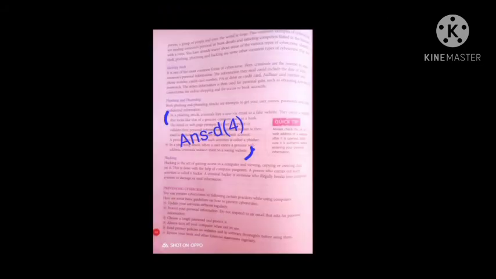Next question is, differentiate between phishing and pharming. The answer is on page number 98 under the heading Phishing and Pharming. So you'll write, in a phishing attack, criminals lure a user via email to a fake website. They create a website that looks like that of a genuine company such as a bank. The email or web page prompts the user to update or validate their personal information.